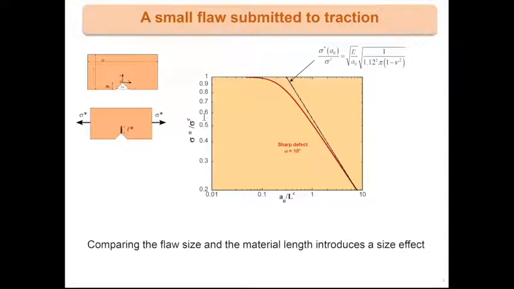On the contrary, if you have a large defect, you can consider that this flaw behaves like a crack, because this is the standard value obtained from an edge crack with linear elastic fracture mechanics. So you have a nice transition between a stress-controlled situation and an energy-controlled situation.